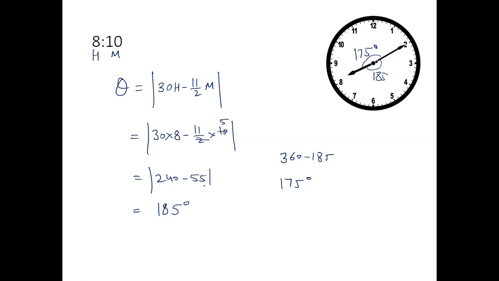Let's see one more example. 10:10. What is this angle? Is it 120, or less than 120, or more than 120? The angle is 30h minus 11 by 2m. h is 10 and m is 10.